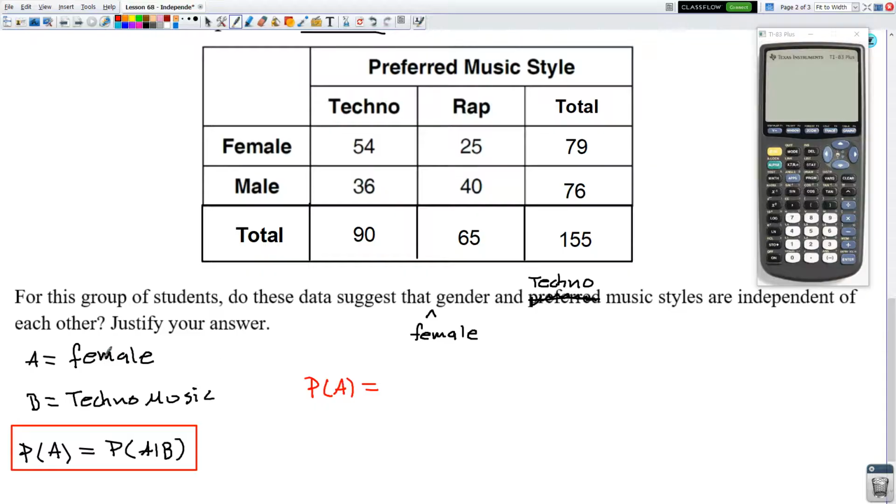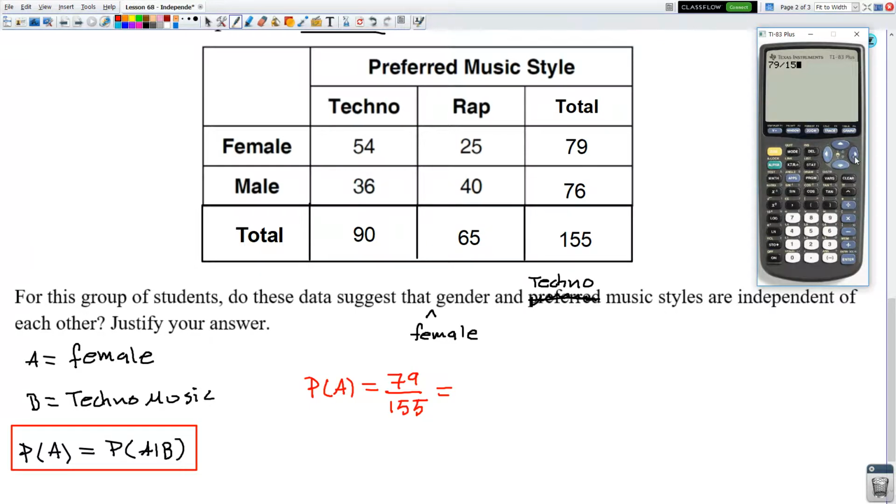where A is the females, well, let's see, how many females are there in total? Well, there is a total of 79 females, and there's a total of 155 in the survey. So what is the probability of choosing a female? That would be 79 divided by 155. There's an extra 5 there.